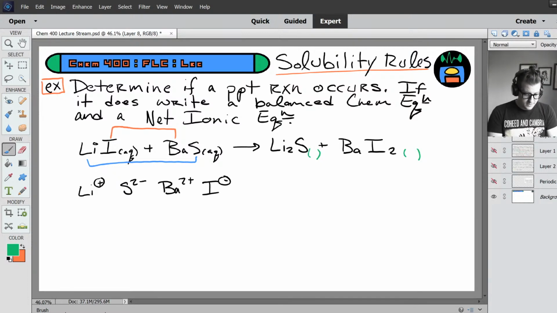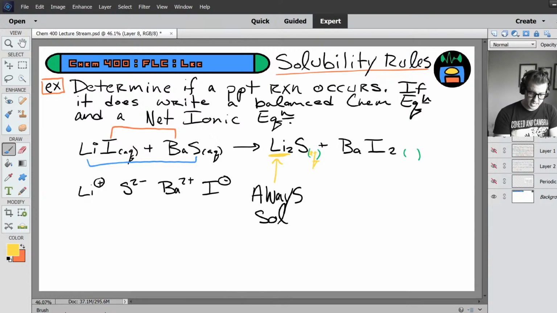So let's look at the first compound. Lithium is always soluble. So that means that lithium sulfide is going to be in the aqueous phase. Now with our second one, looking at our solubility rules, iodide is usually soluble.